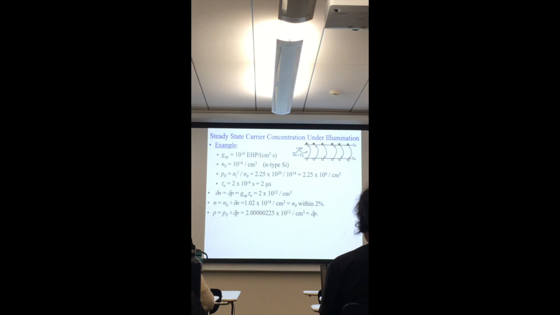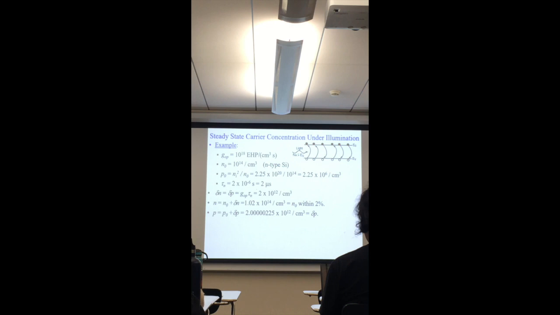It's only changed by, oh sorry, 2%. Only increased by 2%. But for the hole concentration, you can see this delta P is much larger than P naught. So the hole concentration is basically determined by delta P. It's several orders of magnitude higher than the equilibrium hole concentration.